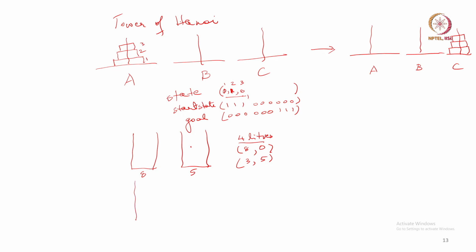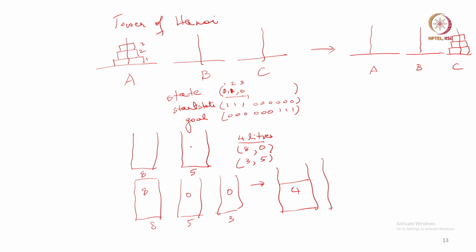Another problem we have is something like 8 liters, 5 liters and 3 liters. You have 8 liters already present in this and 0 in these two. And what you want is 4 liters in this, 4 liters in this, and 0 in this.